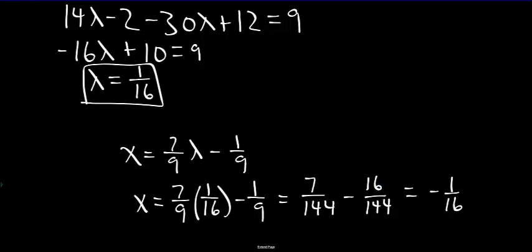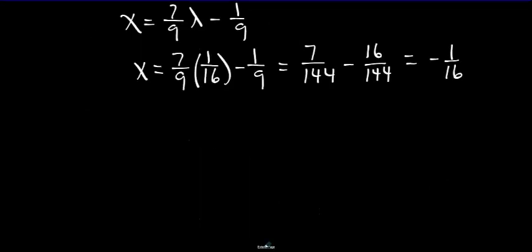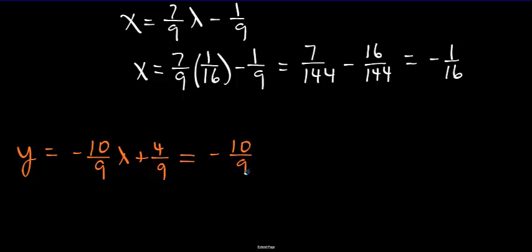Now let's go ahead and figure out what y is. Okay, so let's see here. Y, remember, was -10/9 lambda plus 4/9. So now we've got -10/9 times 1/16 plus 4/9.